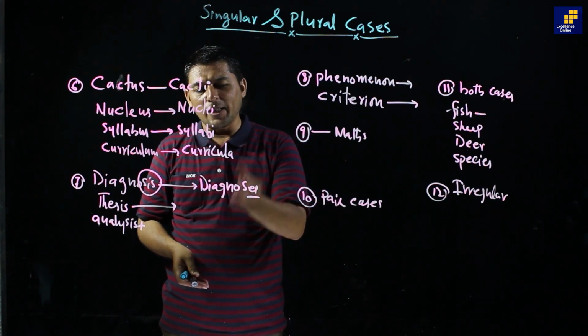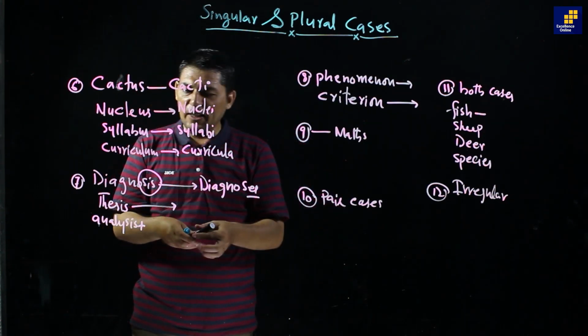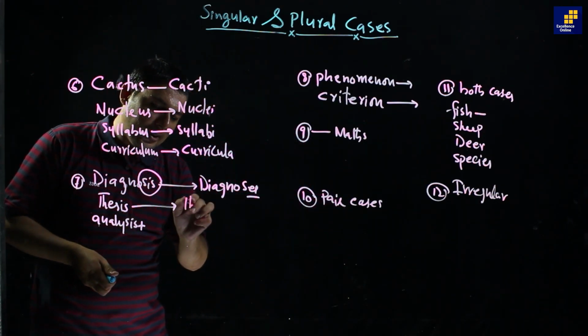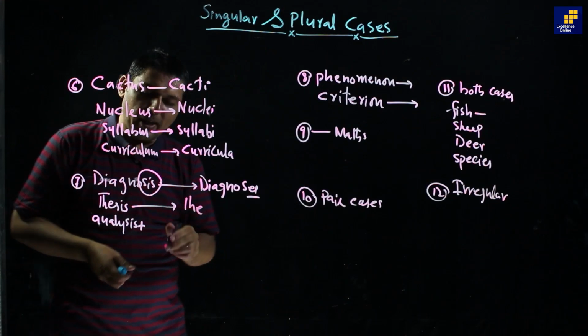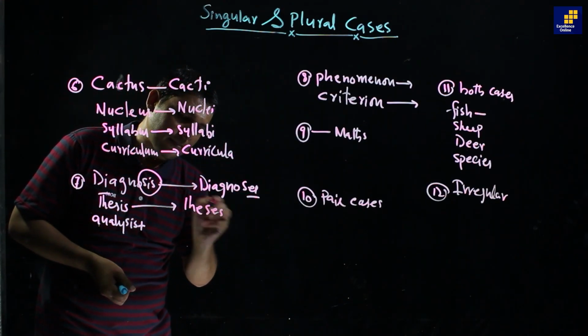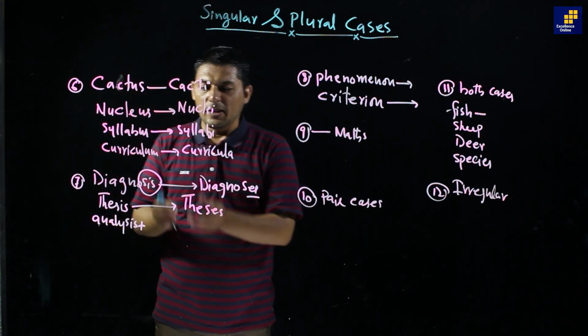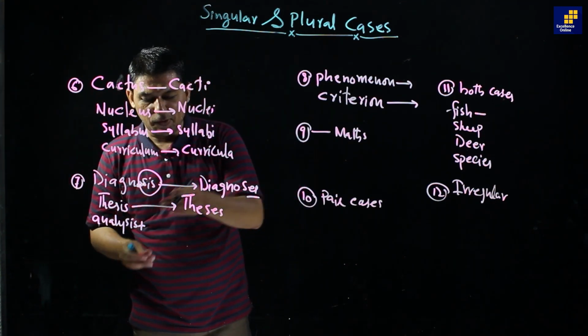In spelling and in pronunciation we have a difference. Clear? Thesis, one example, singular. Then by removing SIS we have SES, theses. Analysis, crisis, and then we have a list.